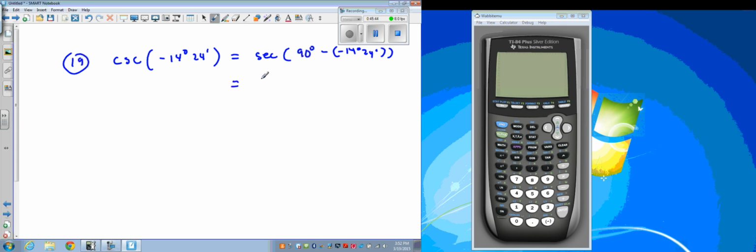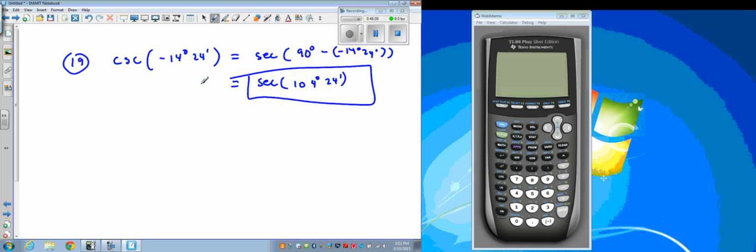So this is going to be secant of, this is 24 minutes, and we're adding, right? So then it's 104 degrees, 24 minutes. Did I add that right? Pretty easy, right? I like those.